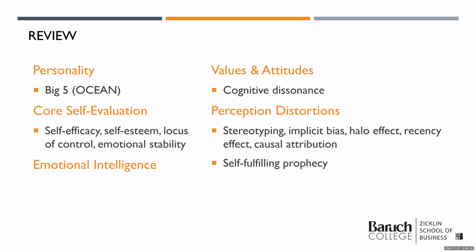We recognize 5 dimensions of a person's personality that the scientific process has established through countless studies. One of those dimensions, conscientiousness, I emphasize as being the most important because it's the most highly correlated with employee effectiveness, with employee performance.